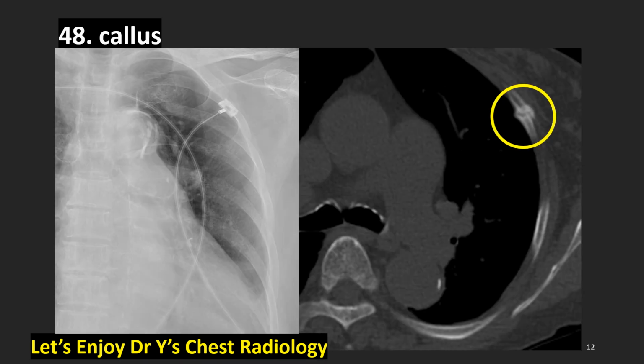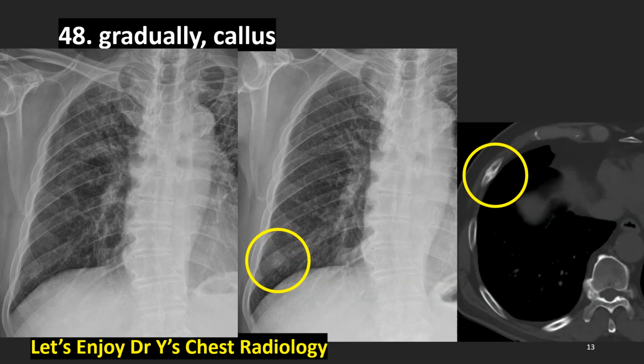It is not easy to identify any abnormality, any evidence of fracture, or even the callus formation on this radiograph. Looking good, looking normal, but on your right side, axial CT shows us callus formation of healing process. Gradually, callus formation.